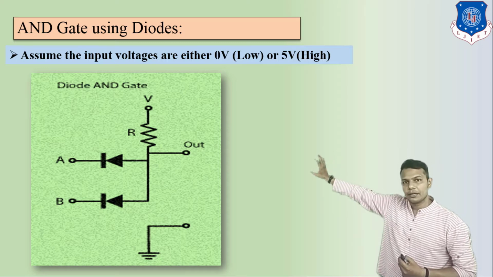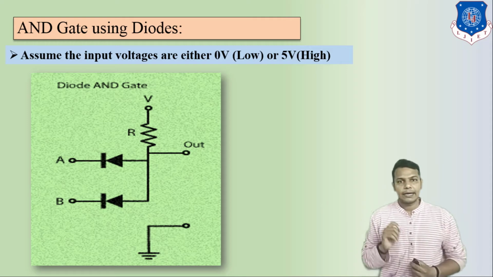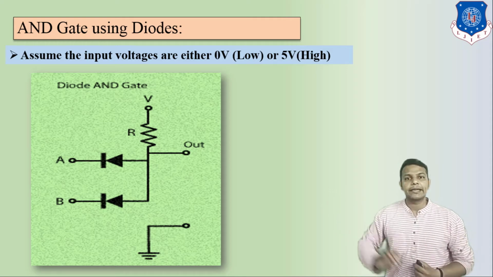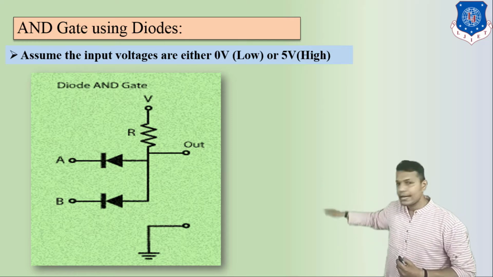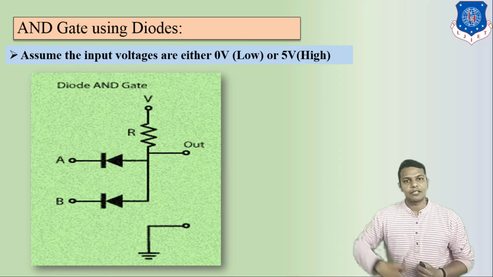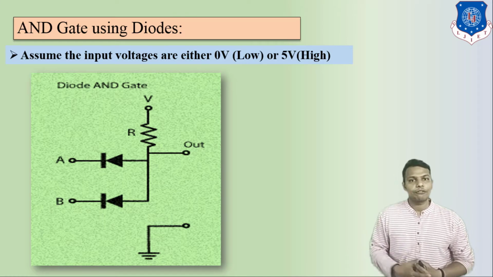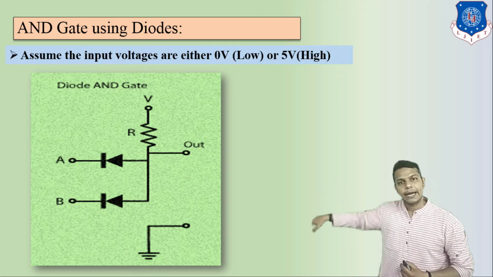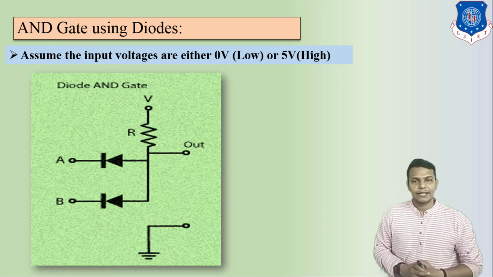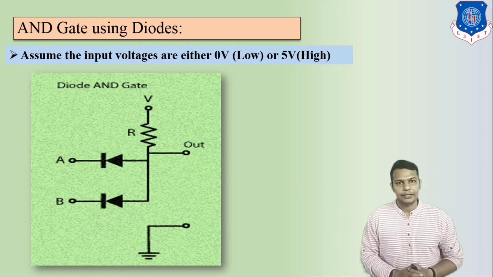Here we can see A and B, where you will provide the inputs. We have seen in the truth table the possible input values 0 0, 0 1, 1 0, 1 1, which we are going to enter at the A and B side. Then we will get the output at the output side.